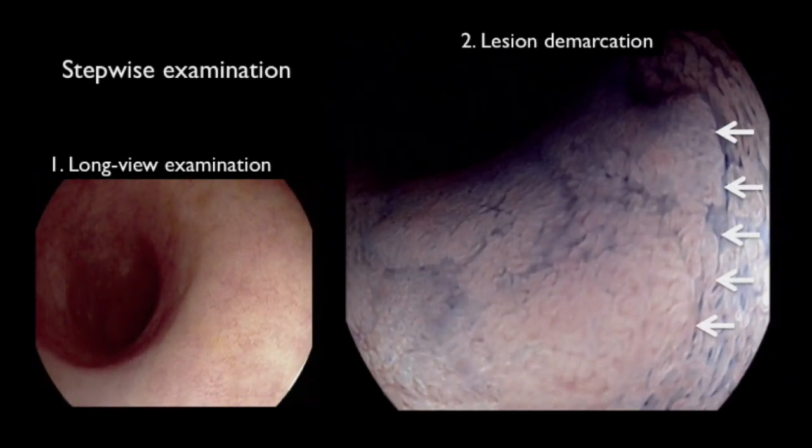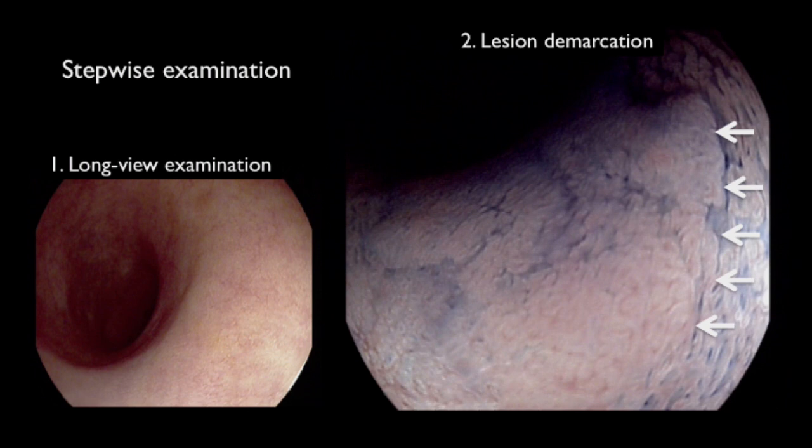Using modern endoscopic examination, most IBD-related dysplasia is visible. In this case, stepwise examination of the colonic mucosa reveals important detail. Upon detection, long-view examination using white light endoscopy permits estimation of the lesion size, shape, and location.